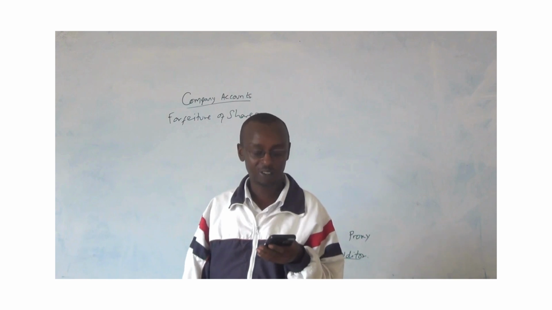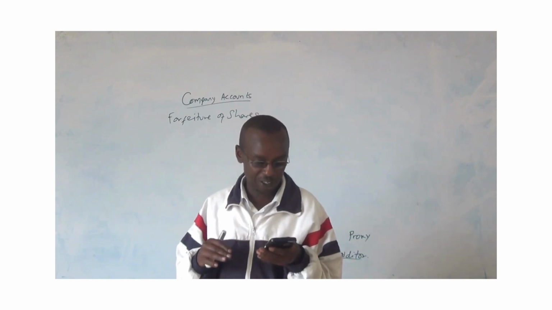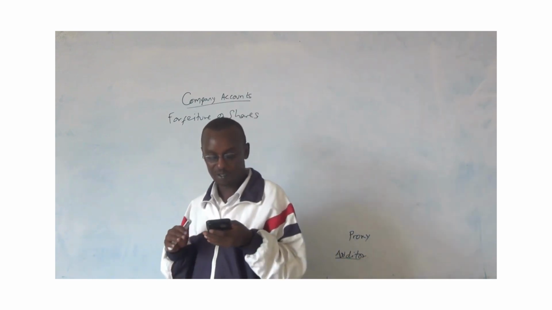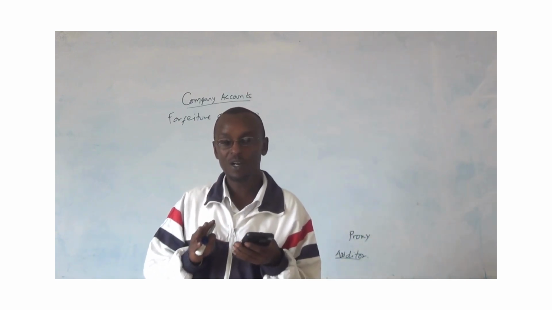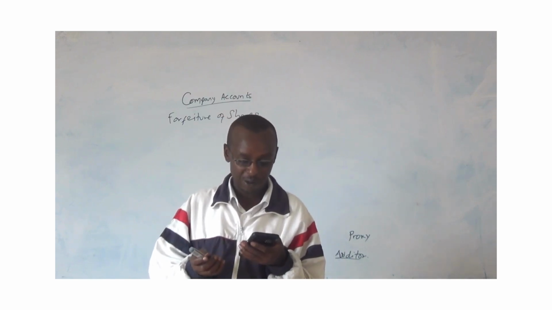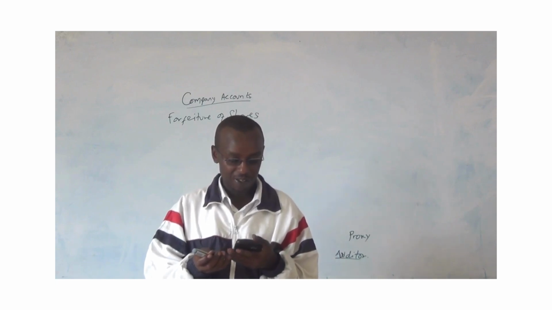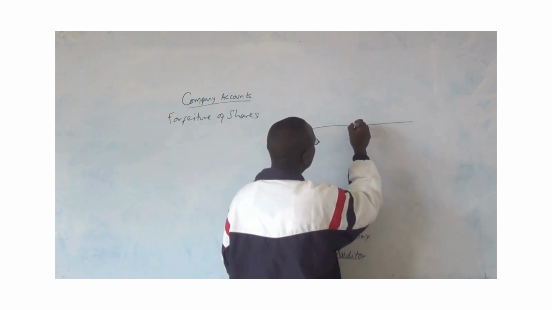We forfeit the shares. Then, between the time of call and the time of forfeiture, the amounts will be held like a debtor's account. We have to open an account, and we call it calls in arrears account. Then from there we transfer to forfeiture. So what happens?